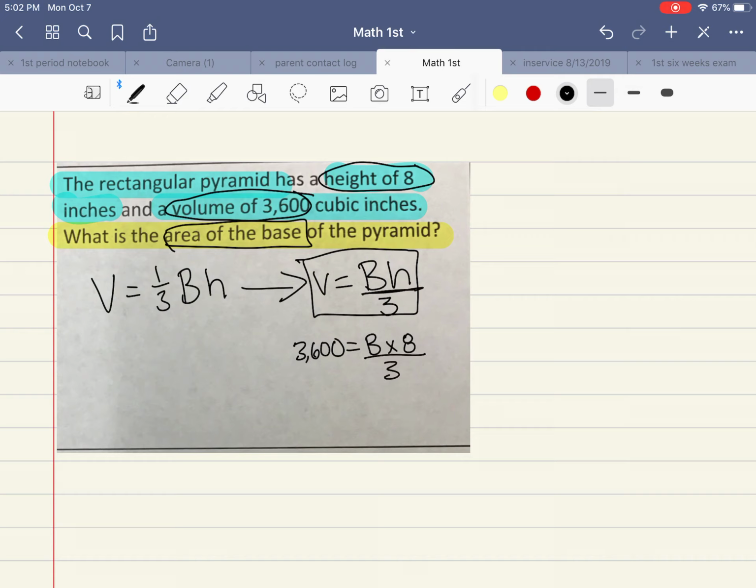So imagine this whole box right here on the top. Base times 8 divided by 3 is a whole box. And if you divide that into 3 equal pieces, which is what they're doing here, well, each box will have 3,600.